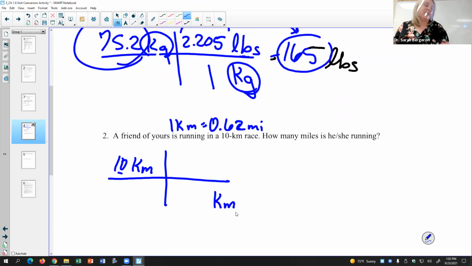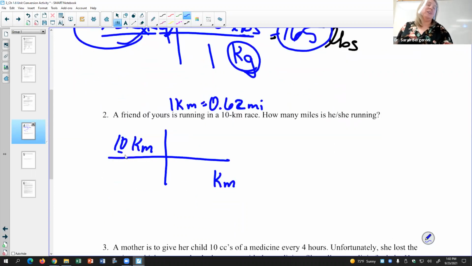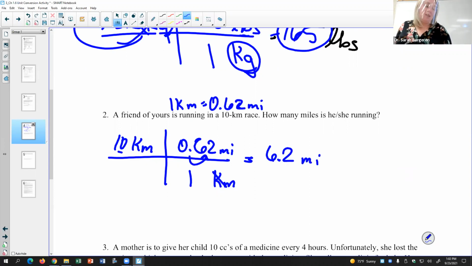So here, really, what is our final answer going to be? Only 1 sig fig. So I put 1 kilometer per 0.62 miles. What do I get? Just move your decimal place 1 time. 6.2 miles.